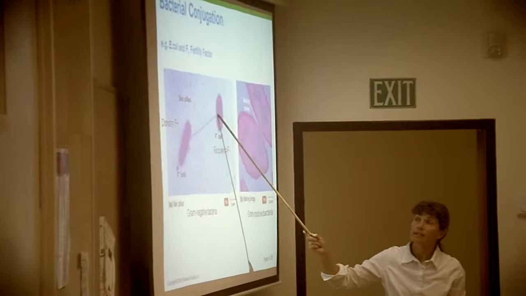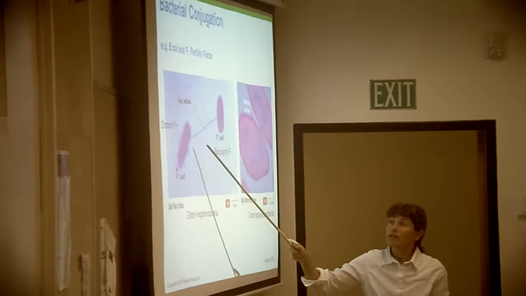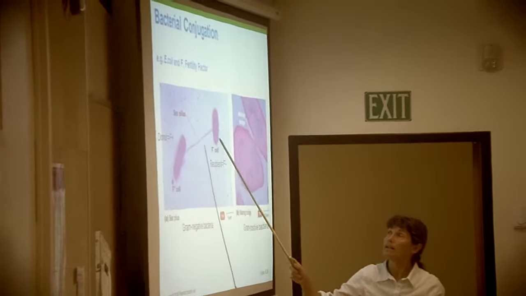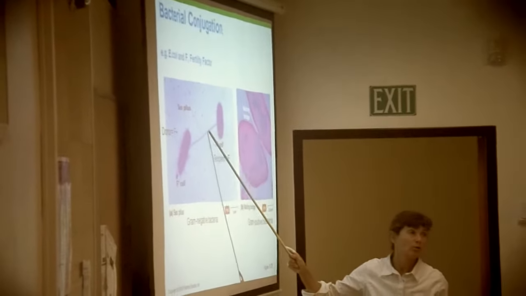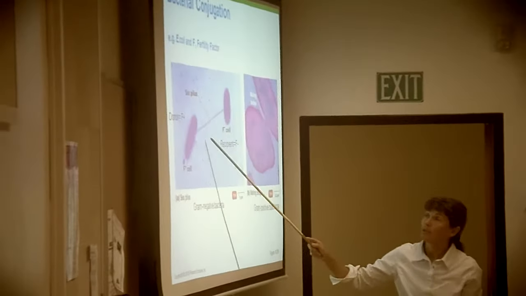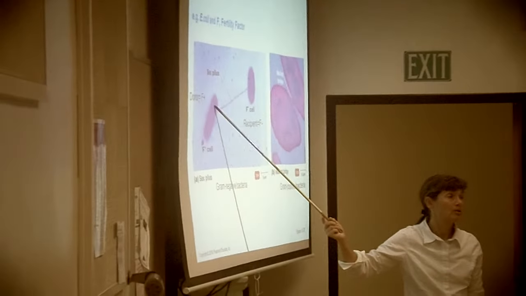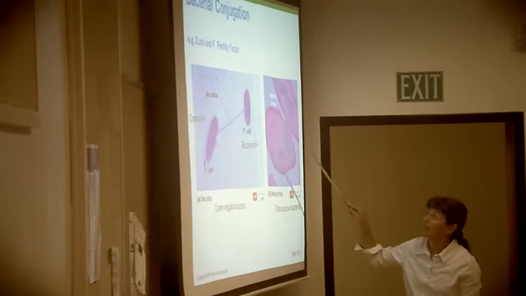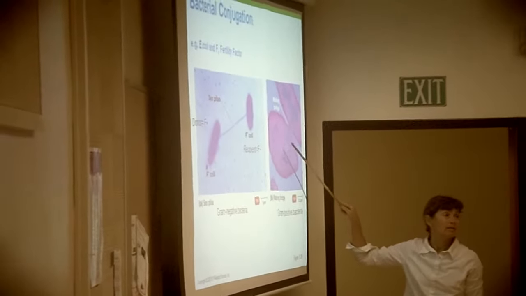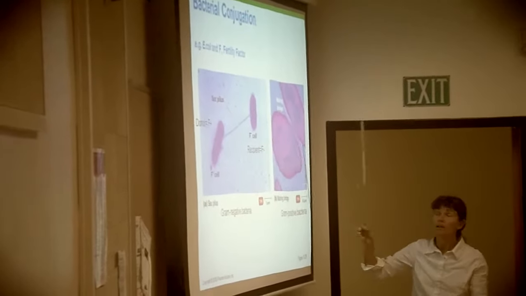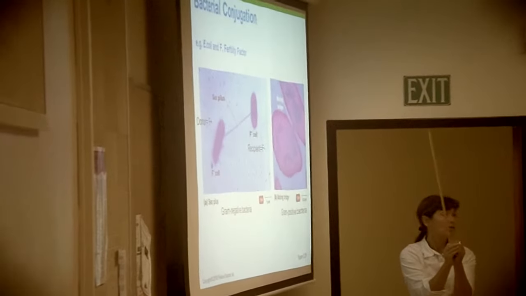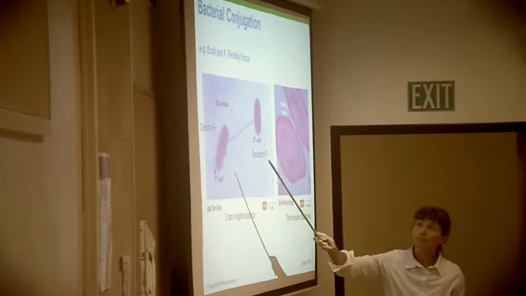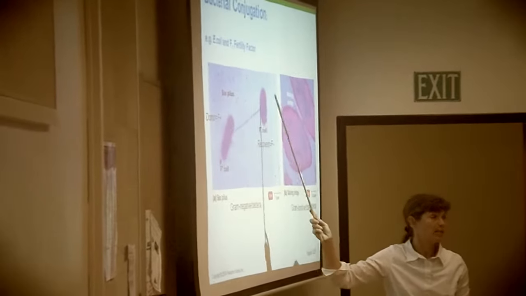Once contact is made, the really cool thing is that the donor then disassembles the protein subunits of the F pilus. That causes the F pilus to shorten, and it will bring the recipient into close physical contact with the donor. So we end up at the end of that process with, say, gram-negative bacteria in close physical contact. And it's when they're in close physical contact that the donor will transfer a copy of DNA to the recipient.